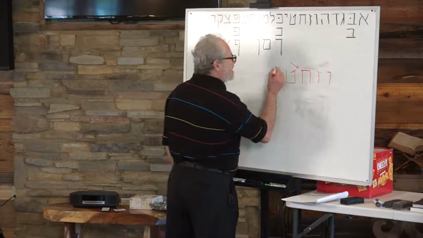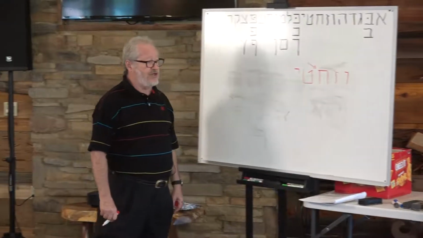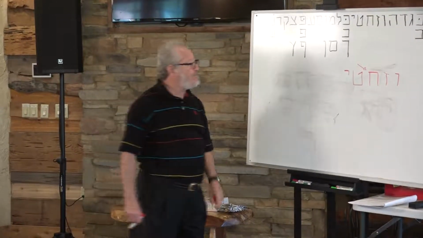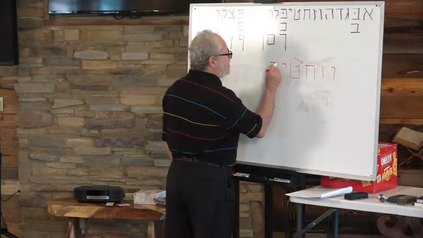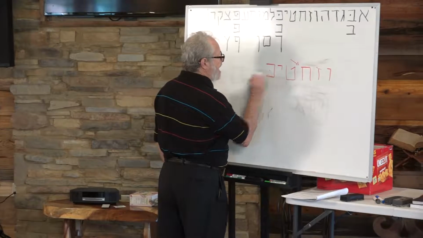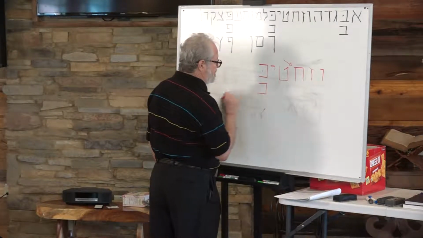Next is a yud. And there it is, yud, smallest letter, but the most important. Okay, yud. Then the next is kaf. And it's the last letter of today. There's your kaf. And without the dot, there is your chaf.